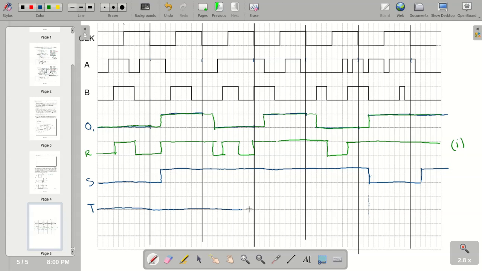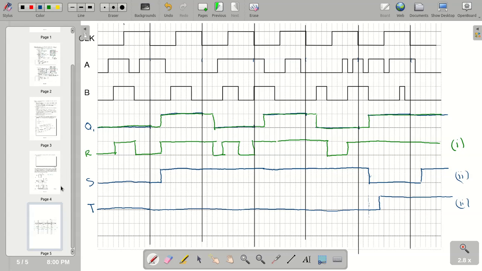Okay, so it's low all this time, and then at this point it goes high with a transition delay of 2 there. Okay, and that's it. So this is part 2. This one is 2 and this one is also part 2, right? So both of these together are part 2, and we're done.